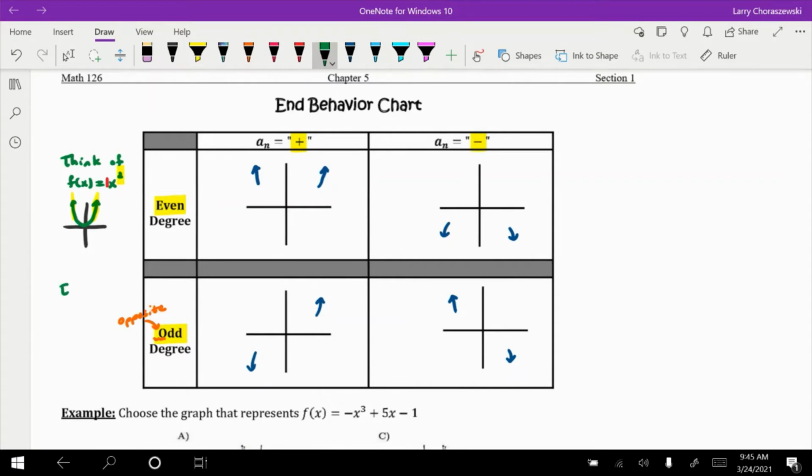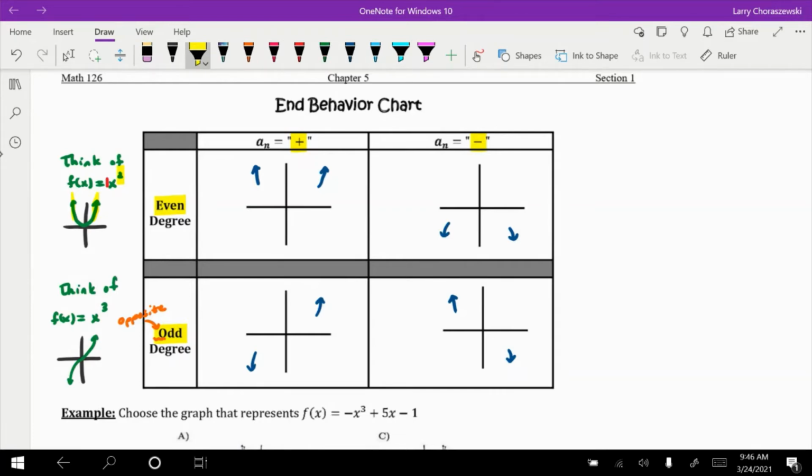For an odd degree polynomial function, with regard to the end behavior, my tip for you is to think of f of x equals x cubed. Okay, when we saw this in the library, a rough sketch of that is given right here.